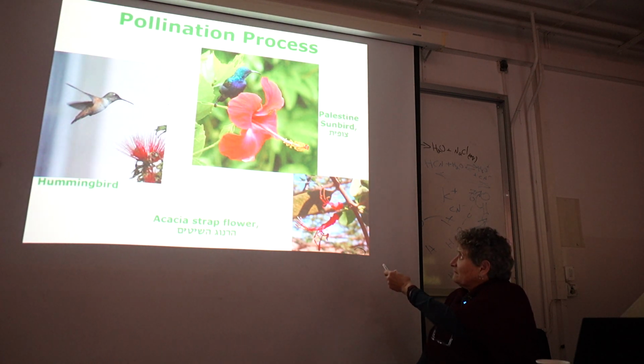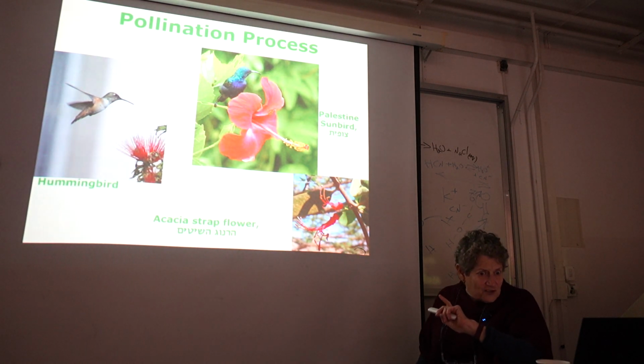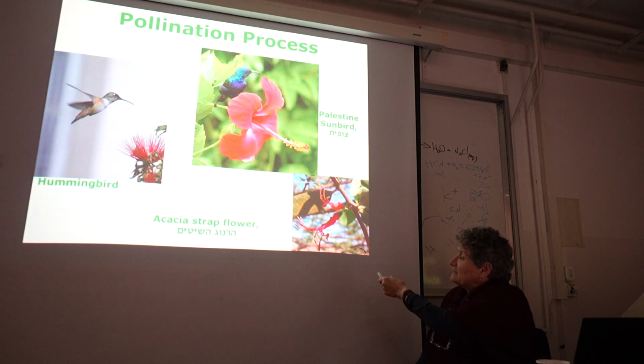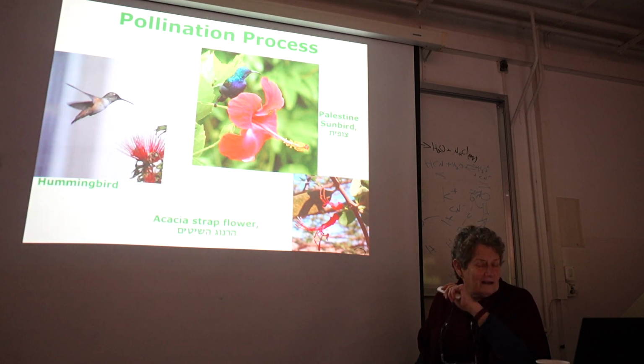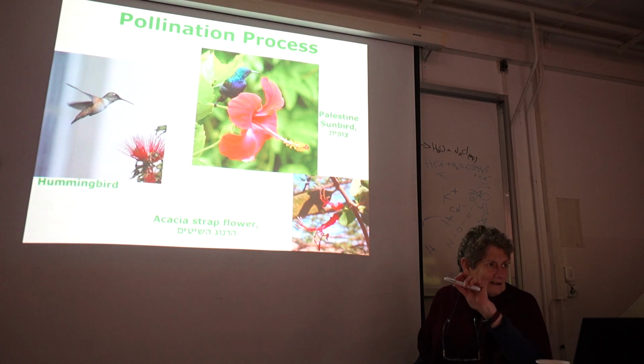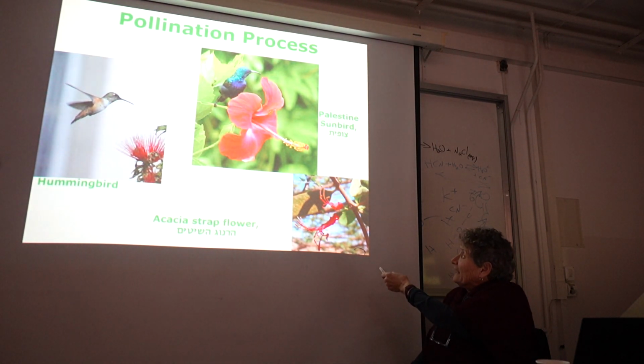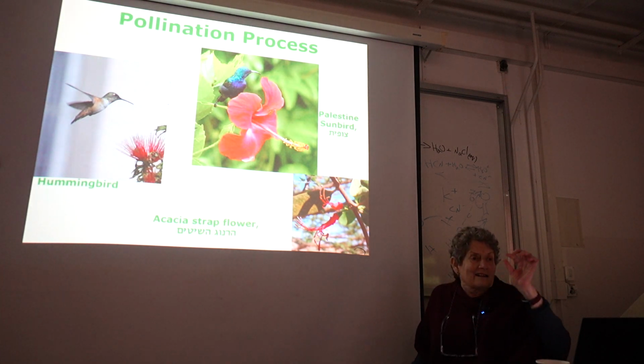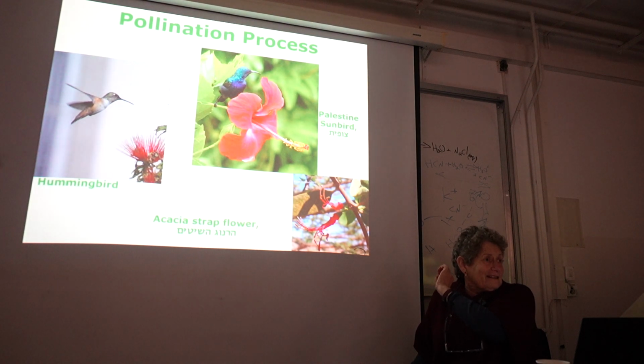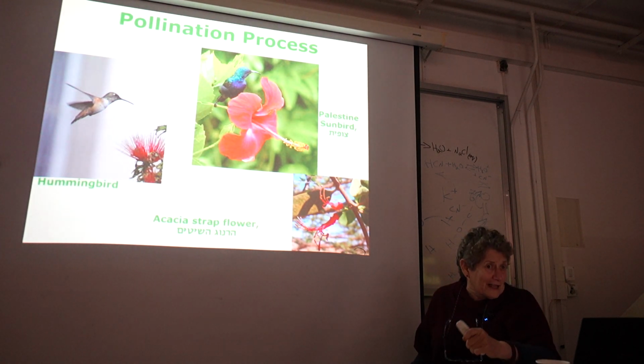This, I don't know if you've seen it on the acacia trees when you were in En-Gedi. This is the acacia strap flower, which is a parasitic plant that lives off acacia trees, and it is exactly adapted. The hummingbird's beak is exactly adapted to this flower.